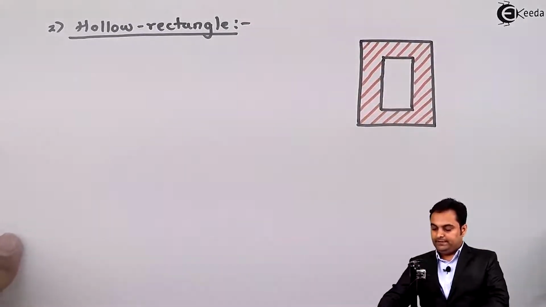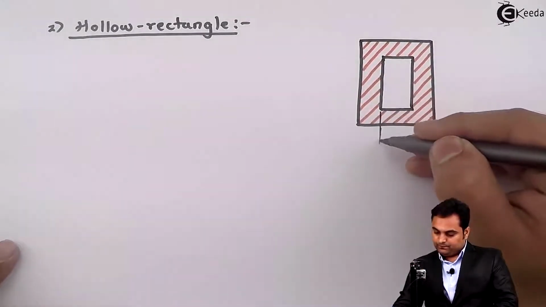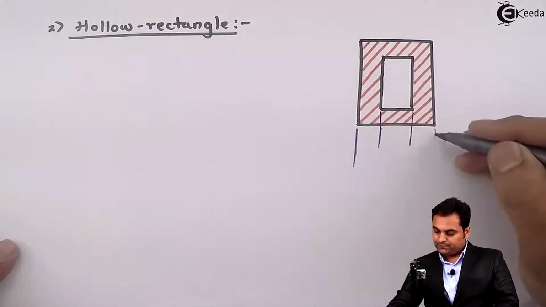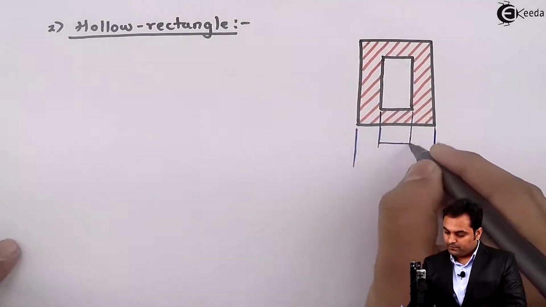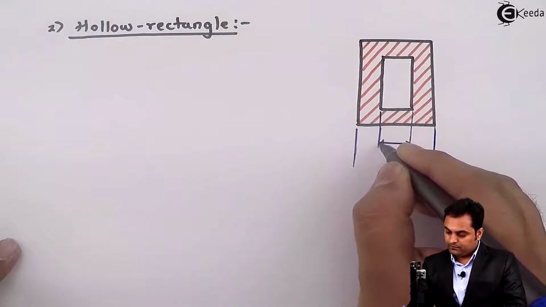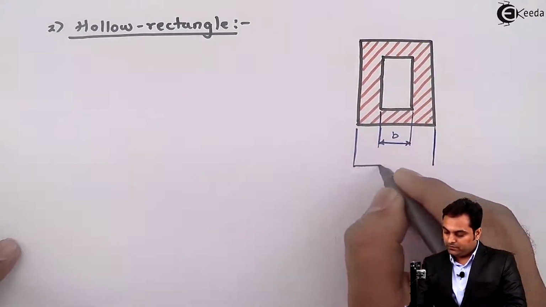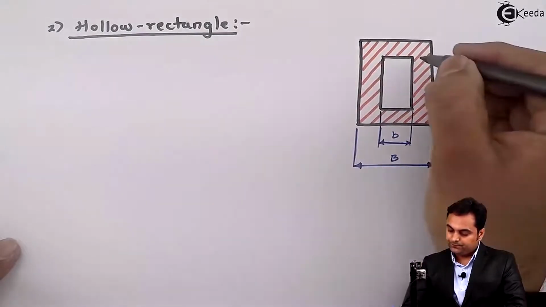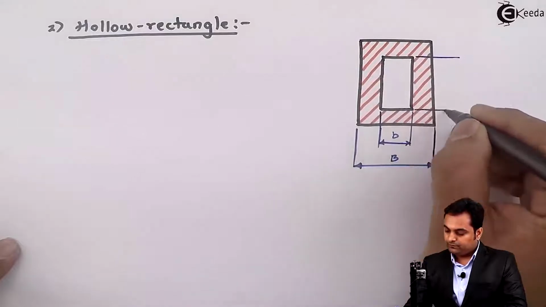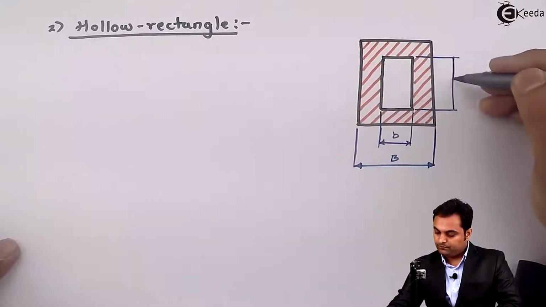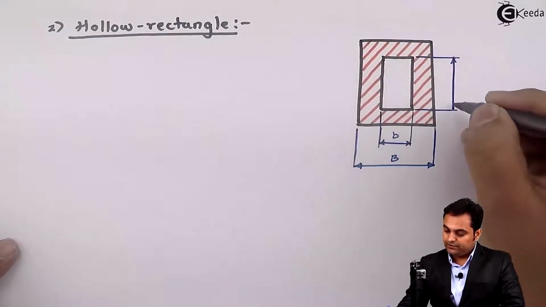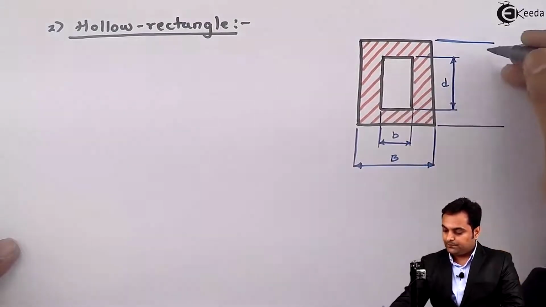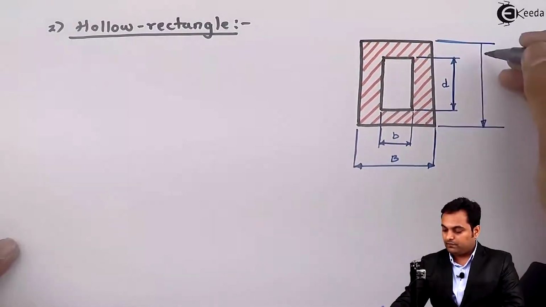For this hollow rectangle, I'll mark the dimensions. Inner width is small b, outer width is capital B, inner depth is small d, outer depth is capital D.